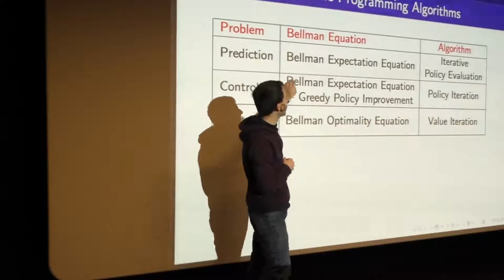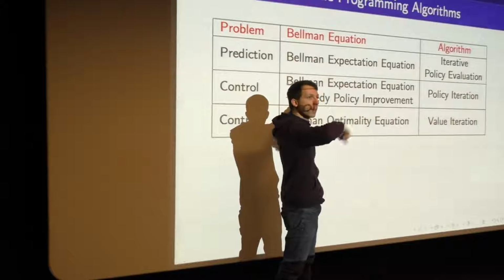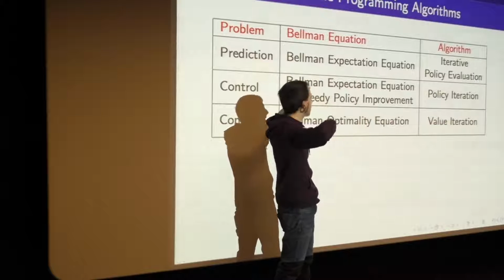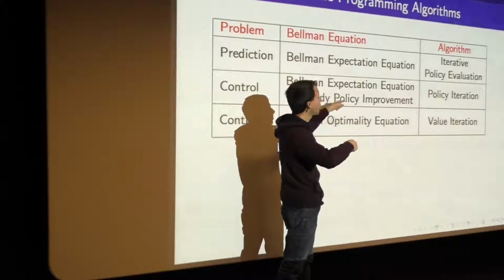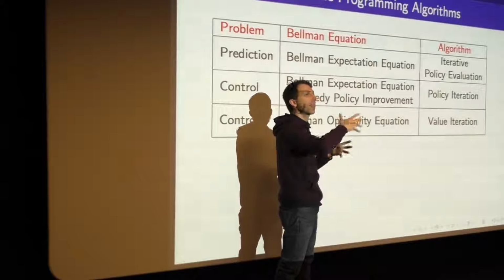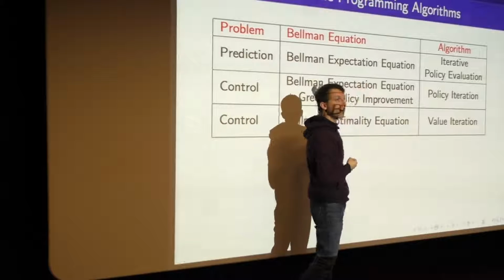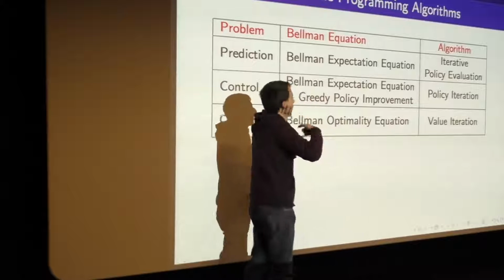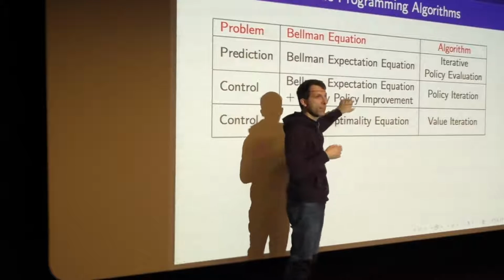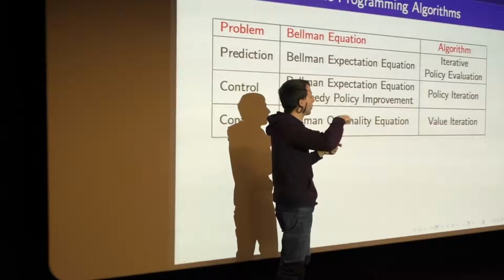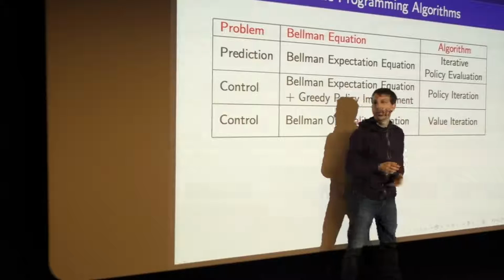The first approach was to again iterate over the Bellman expectation equation to evaluate your policy, but then to alternate that evaluation with policy improvement. So we first use the Bellman expectation equation to solve for V pi, and then we act greedily with respect to V pi to give us a new pi. We alternated that process, and that gave us the policy iteration algorithm.